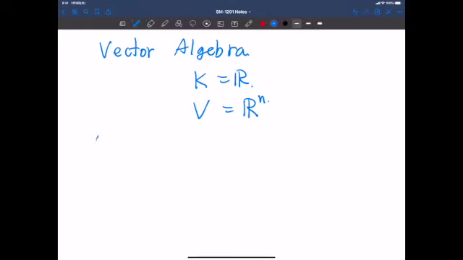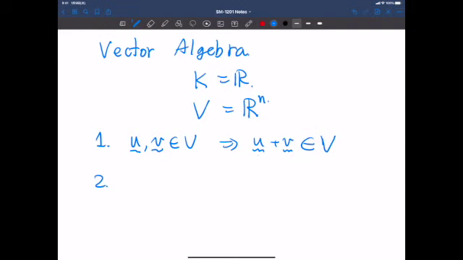Here are the properties of these algebraic operations. First of all, if u and v are vectors, then the sum of u and v is also a vector. This means vector addition is closed in this vector space V. So if we add two vectors, it is still a vector.